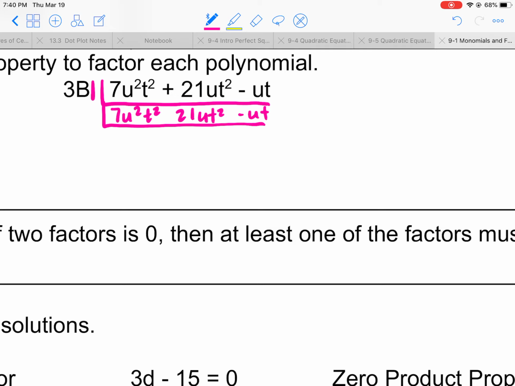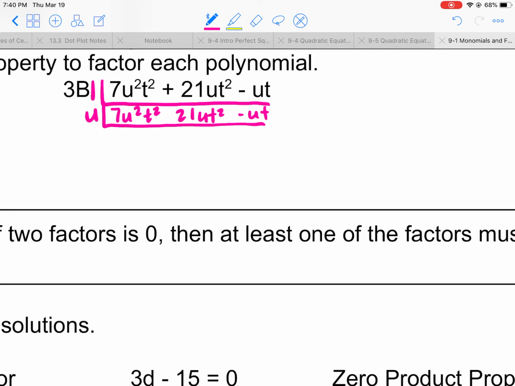So now I'm going to pull out my first variable, which is a u. There is at least one u in all three of my terms. So when I pull that out, I am left with this one right here.